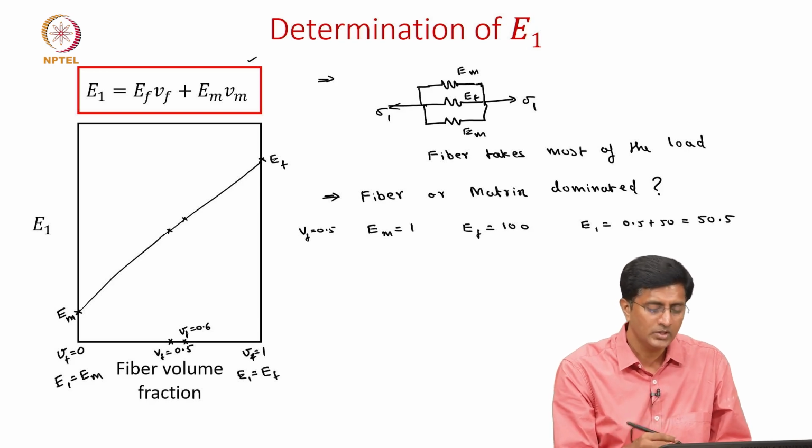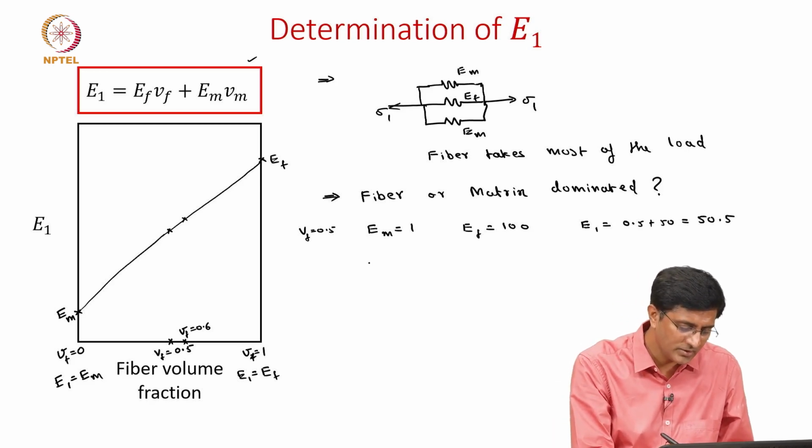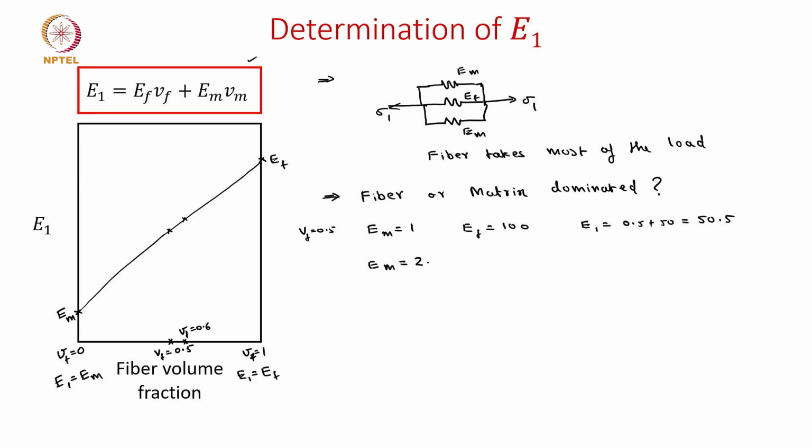Now let's do a thought experiment where we double the modulus of the matrix, but we keep the fiber modulus the same. Then let's see what is happening to E1. So 2 times 0.5 will be 1.0, and here it is 0.5 times 100, which is 50. So essentially what we got is something around 51.